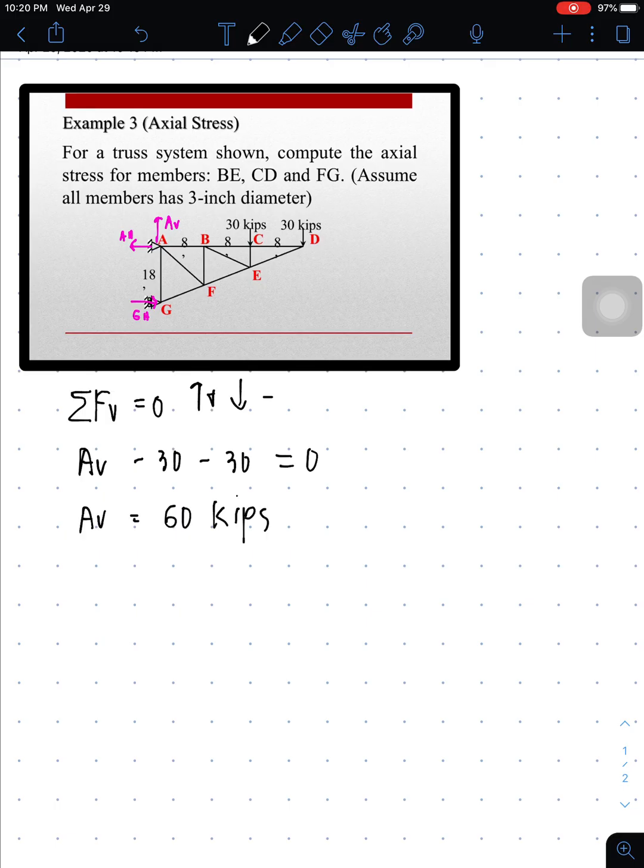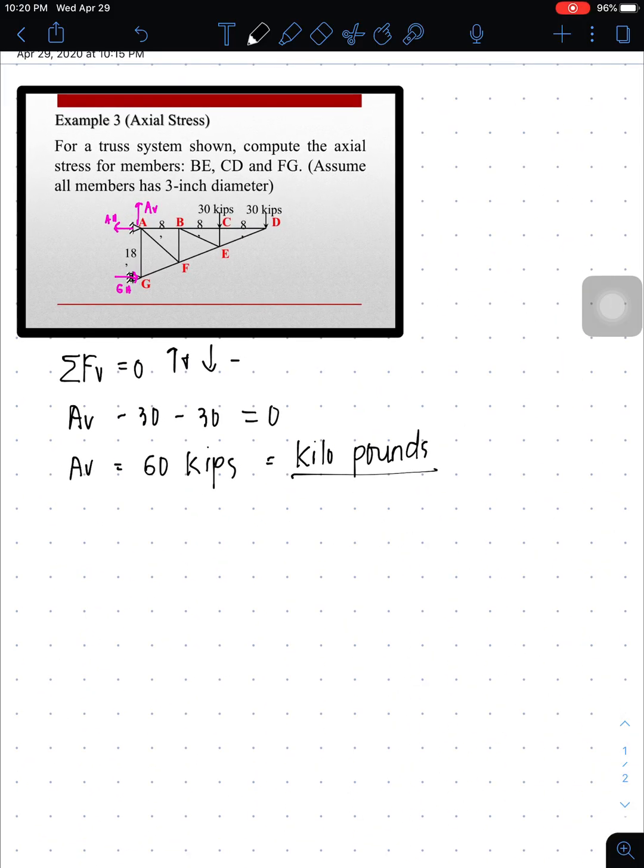By the way, we call kips kilo pounds, so 1,000 pounds is in one kip. So that's the value of our reaction, but that's not the value that we are looking for.